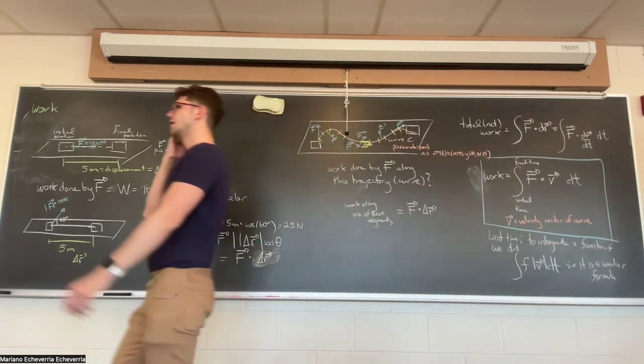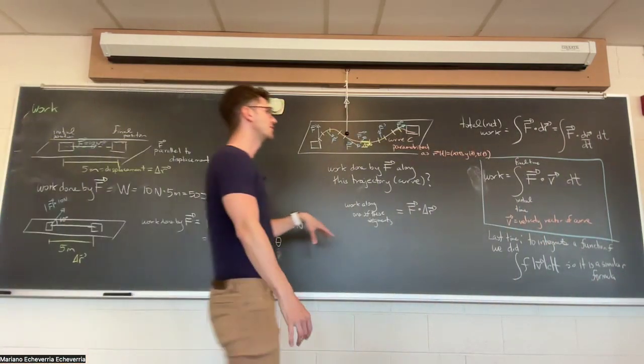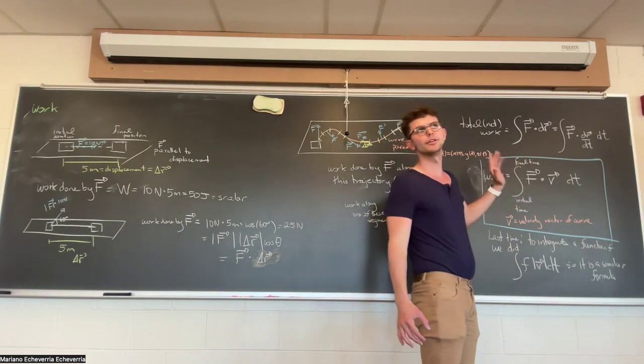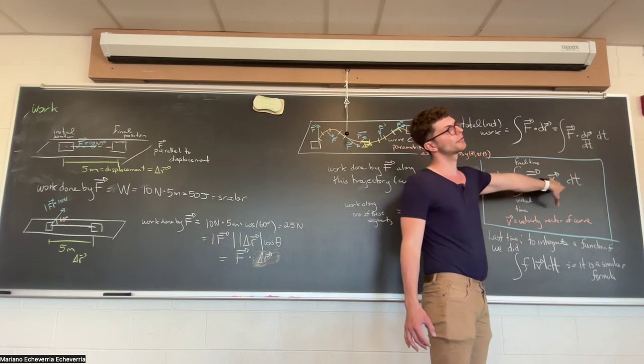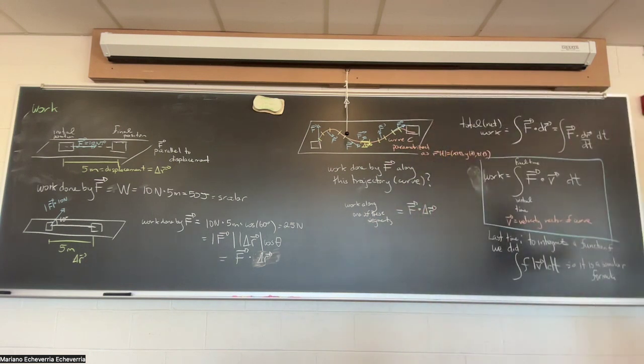So that will be the way we integrate a vector along a curve. We take the vector, take its dot product with the velocity of the curve, and then do the integral of that.